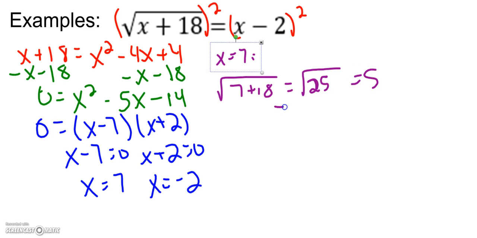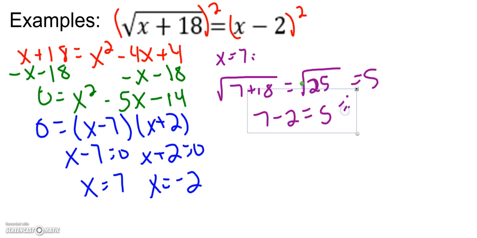Then plug it into the other side, so 7 minus 3. Hold on a second, I need to erase. Alright, so plugging into the other side, we have 7 minus 2, which is equal to 5. So we have 5 equals 5. Therefore, x equals 7 is an answer.